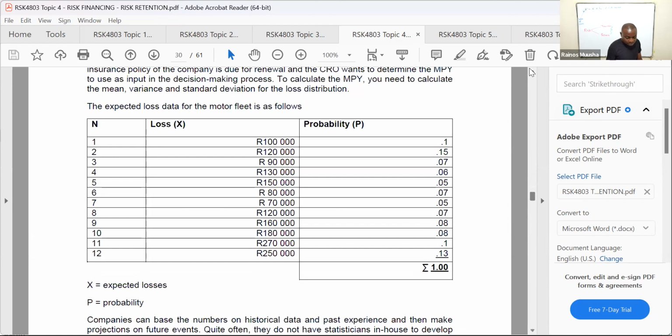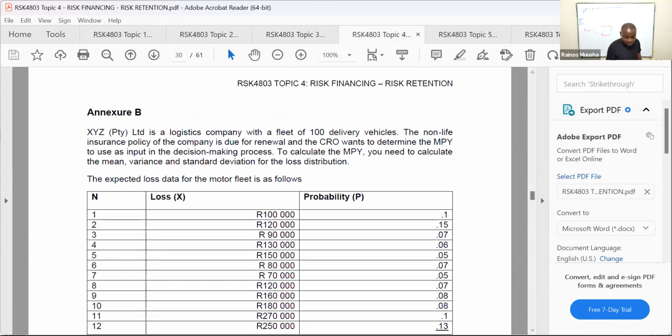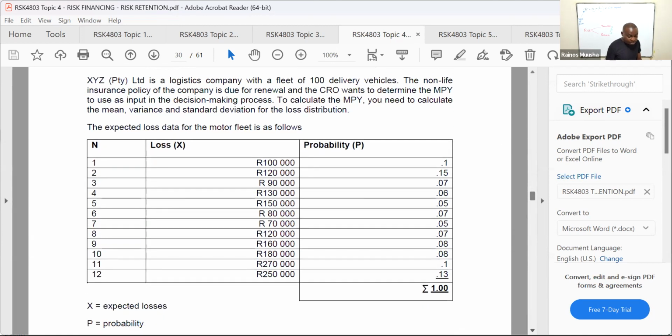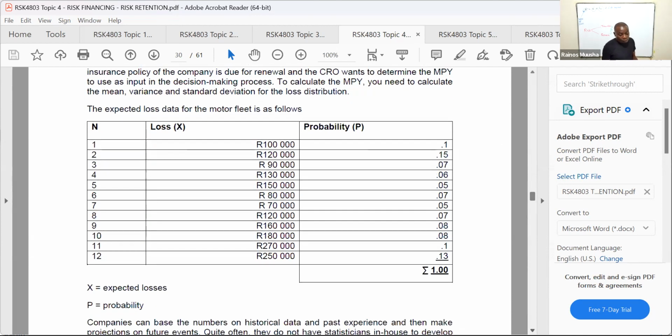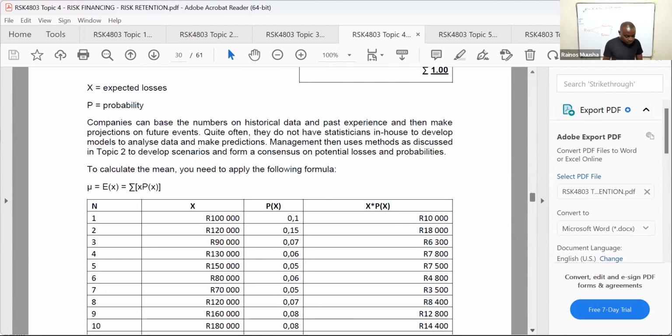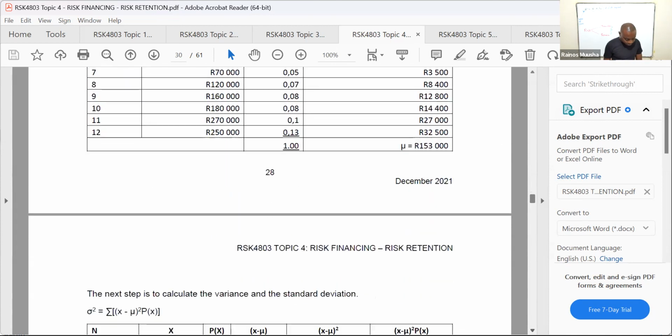You will see that annexure B for study unit 11 is very, very important as well, because it shows us as an example how we calculate the maximum probable yearly loss using the Chebyshev model, where you need to calculate the expected value and the standard deviation.